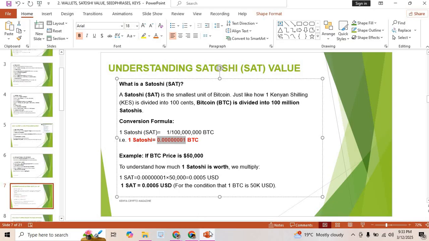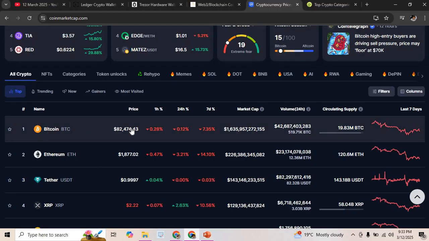Remember, 1 Satoshi is 0.00000001 BTC. You can calculate that and unmute yourself and tell us. If this is the current market price, what is the value of 1 Satoshi? You can use your calculators.